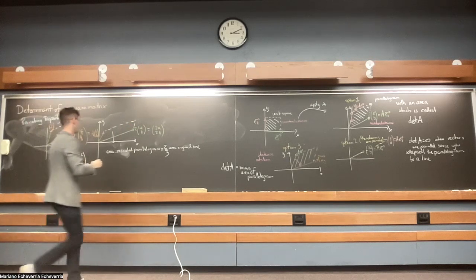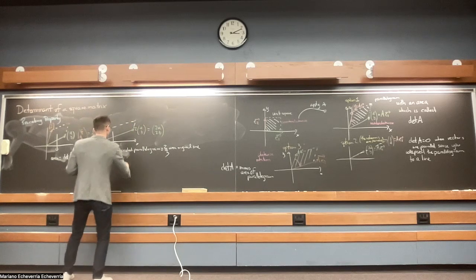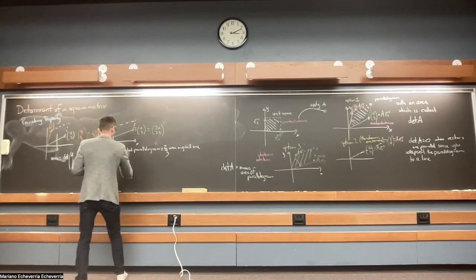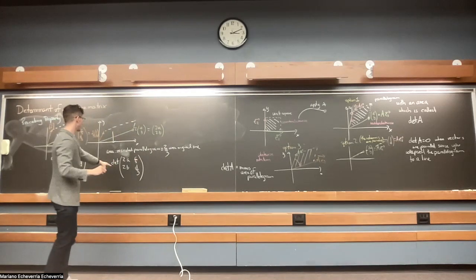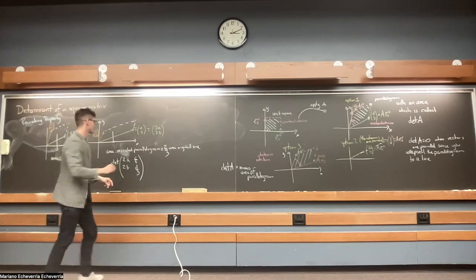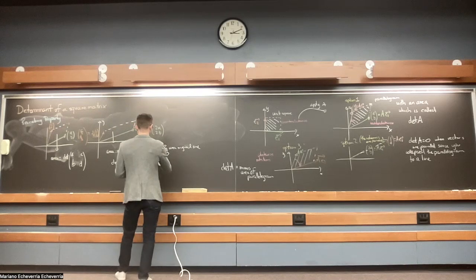So the determinant of 2a, 2b, c thirds, d thirds, because that's the area of the new one, should just be 2/3 the determinant of the original matrix.